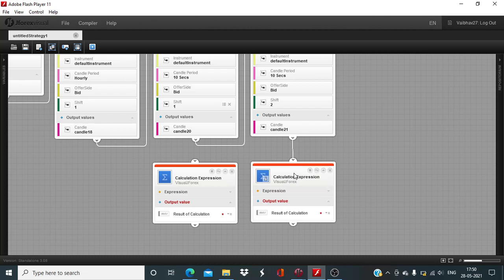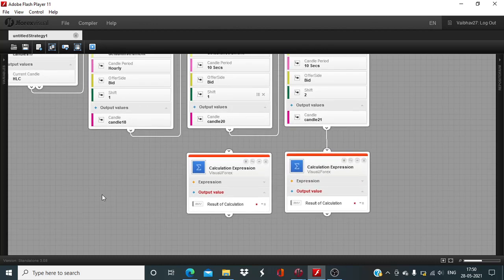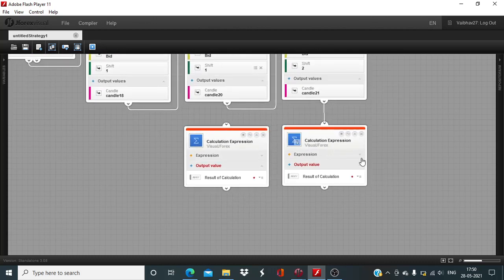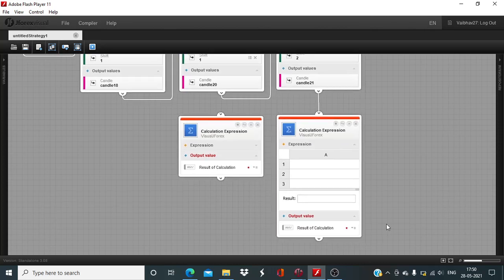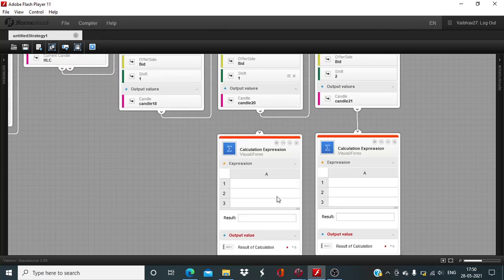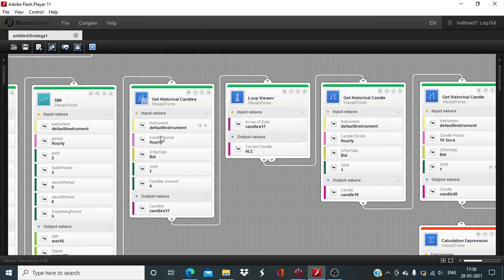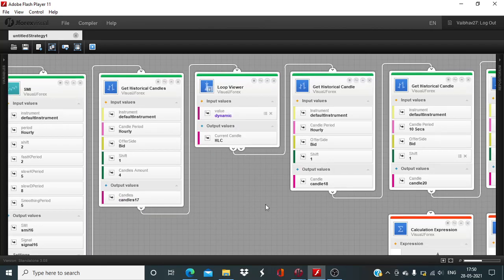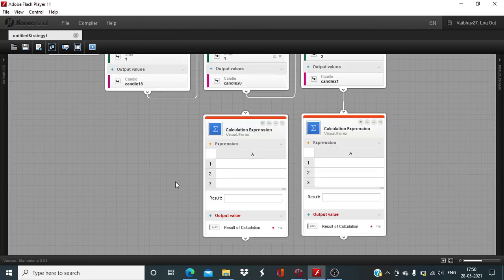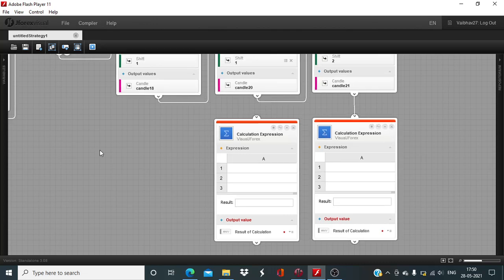One is going to be 20 pips, that in last 4 hours the difference between the high and the low should have been more than 20 pips, and for that we will be comparing this predefined value with the 4 hour candle high and the low value, and look at the actual difference and compare that with the predefined value.